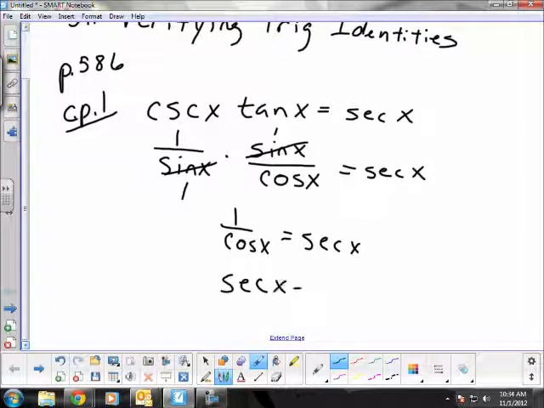It's the secant. So once you have both sides looking the same, you can put a check or your smiley face or whatever you want to do, because that says that you're through with that problem. When I make both sides look exactly the same, you're finished. That's verifying the identity. It says that you have just proven, using algebra and trig identities, that this is actually equal to this.